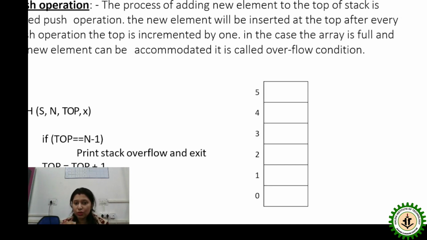We keep all values in that array, 0th position, 1st, 2nd, 3rd, 4th, 5th position, then the value of top will be 5. That means n-1. If the index starts from 1, then here it will be 6 instead of 5.